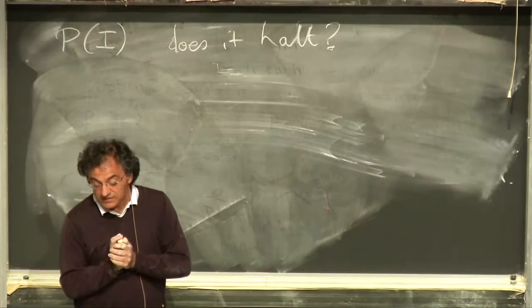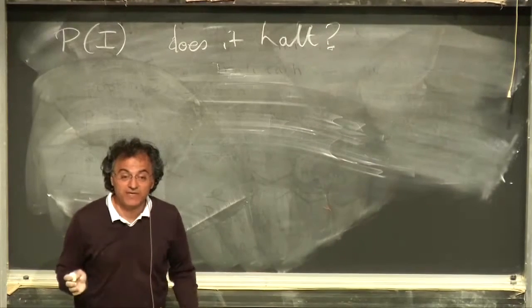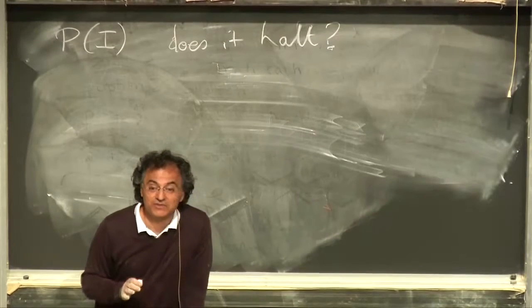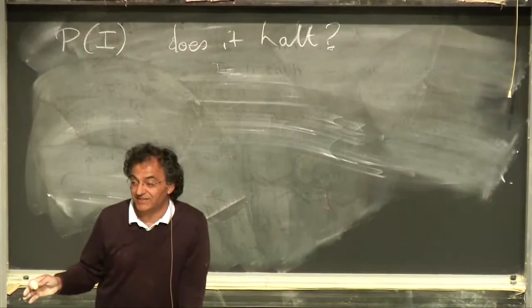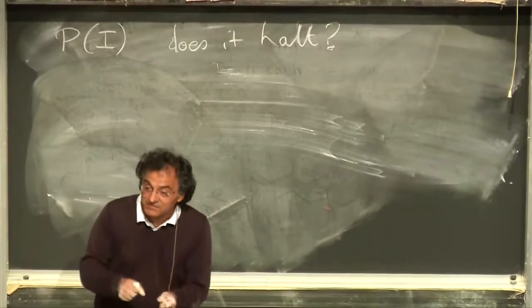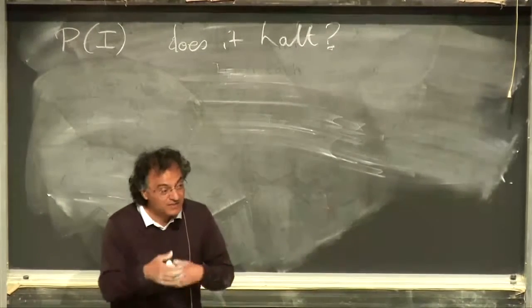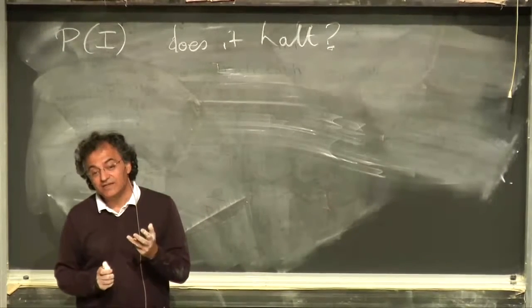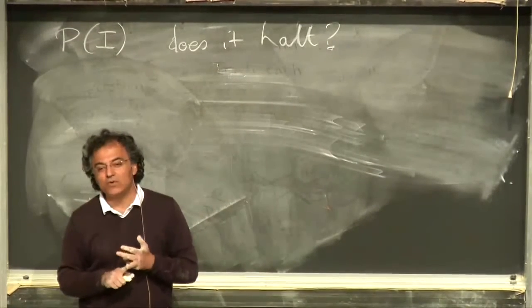And then he showed something very interesting: that you can program it. In his language, there's a universal Turing machine, a Turing machine to which you can give other programs, other Turing machines, as input, and it interprets them for you. But then the other thing he showed is that Turing machines are not all powerful.